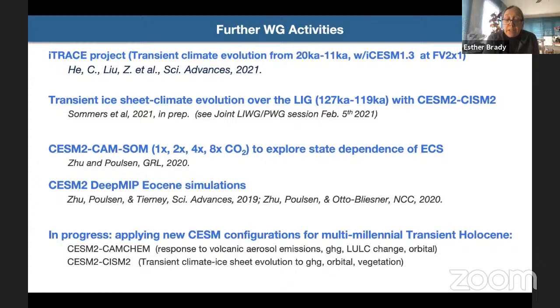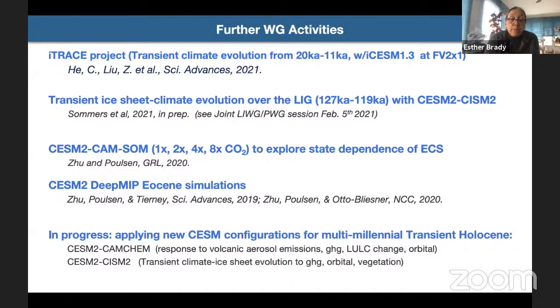And then we have been working lately on applying new CESM configurations to simulate multi-millennial transient, long transient climate simulations. In particular, we have 2 configurations that we're exploring. The first is using CESM2 coupled to the CAM-Chem version, the tropospheric chemistry version, to look at the response to volcanic aerosol emissions over the transient Holocene, as well as the other forcings.